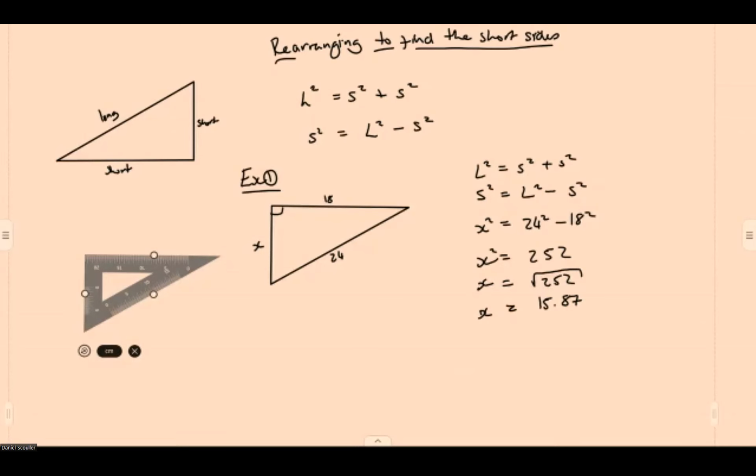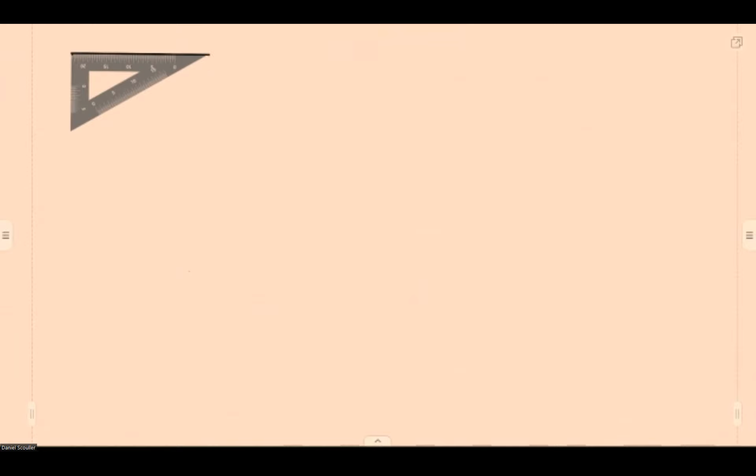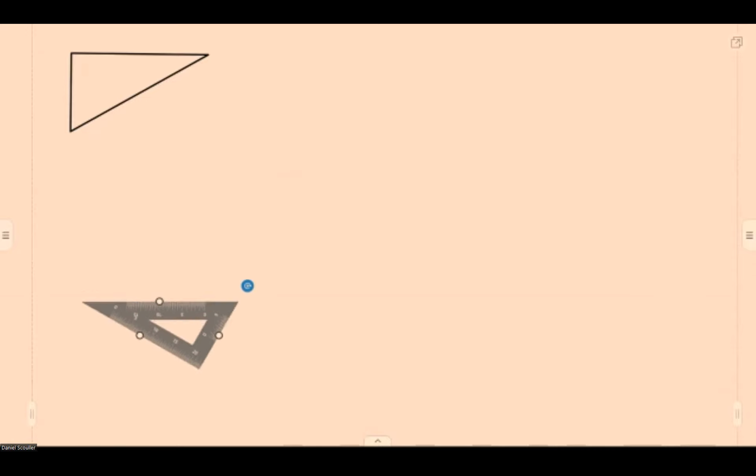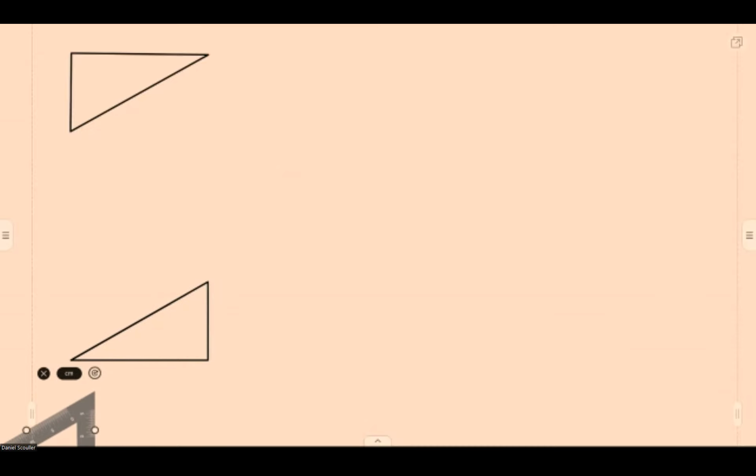Okay, so I'm going to give you 2 to try. Now, these are both non-calc. It throws in a wee bit of a surd question. Okay, so x.